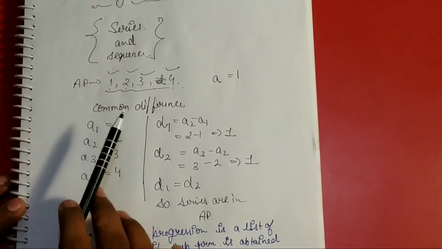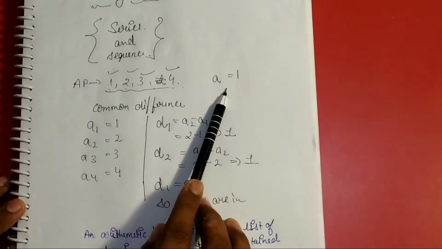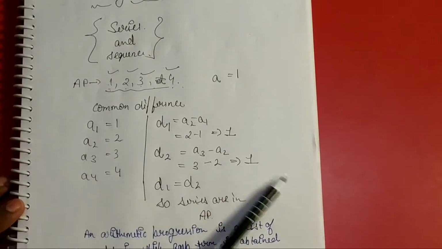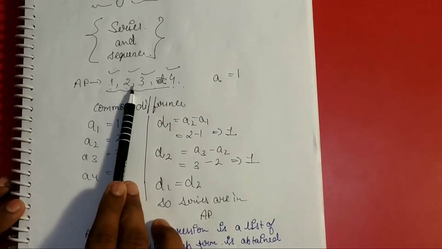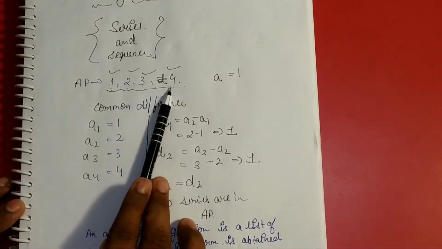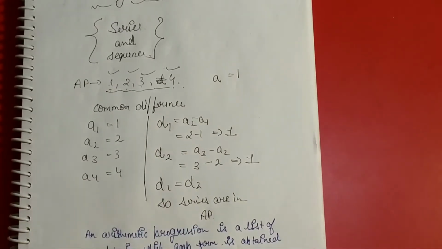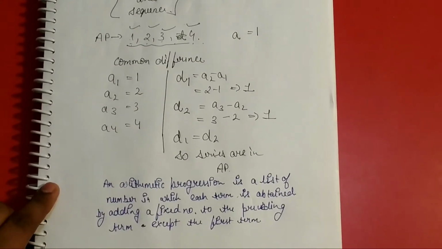Like in this example 1, 2, 3 and 4, our first term is 1, and if we add 1 to each, we get the next number: 1 plus 1 is 2, 2 plus 1 is 3, 3 plus 1 is 4 and 4 plus 1 is 5, and so on. So this is also how we can define an AP.